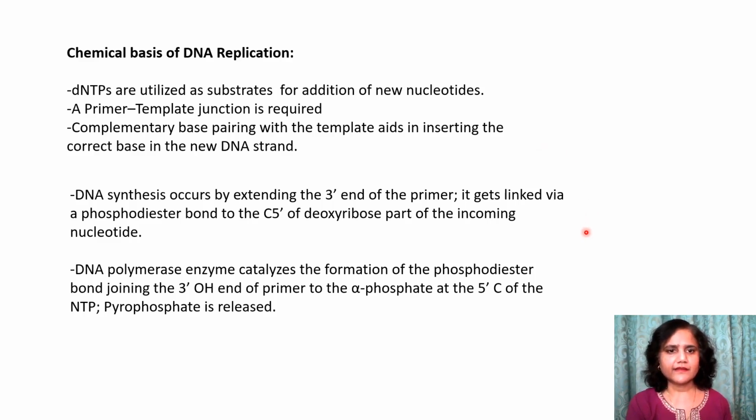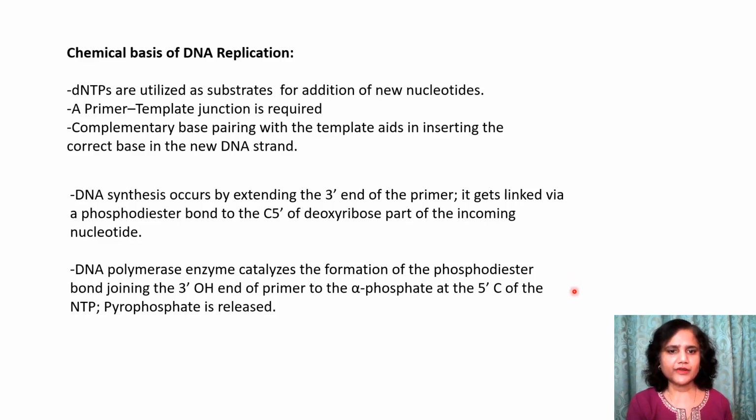DNA synthesis occurs by extending the 3' end of the primer, and the incoming nucleotide gets linked via a phosphodiester bond to the C5' of the deoxyribose part of the incoming nucleotide.